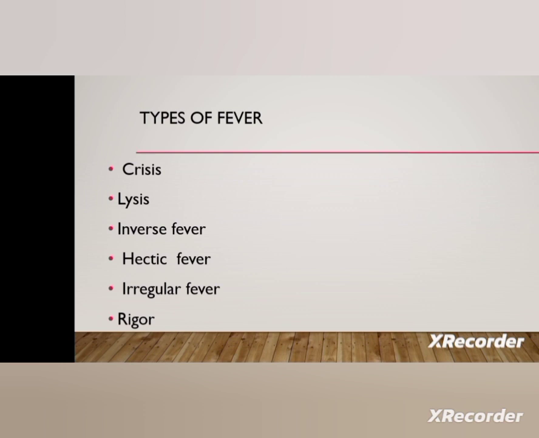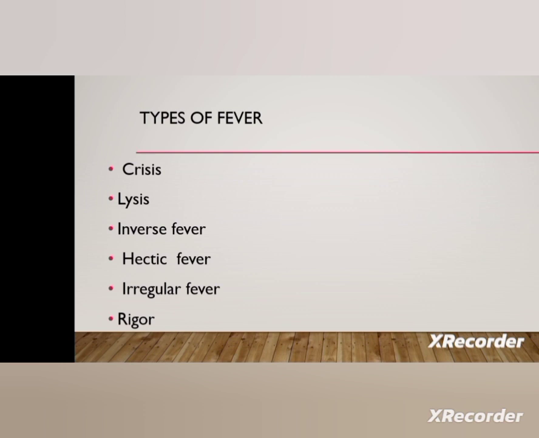High pyrexia means the temperature will be 103 to 105 degrees Fahrenheit. Hyperpyrexia means the temperature above 105 degrees Fahrenheit. So that's the classification of pyrexia. Hyperpyrexia, or hyperthermia, means more than 105 degrees Fahrenheit.